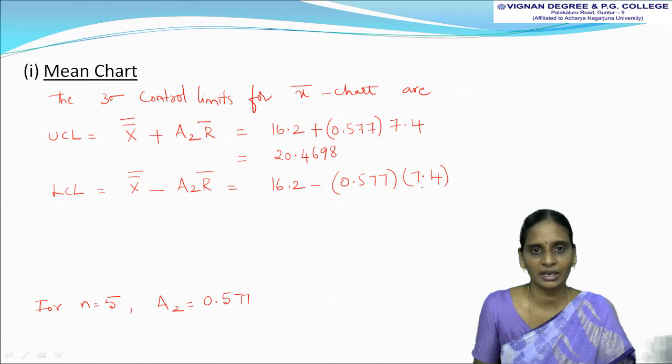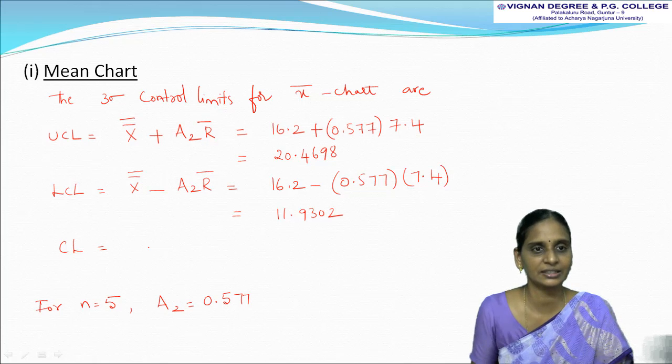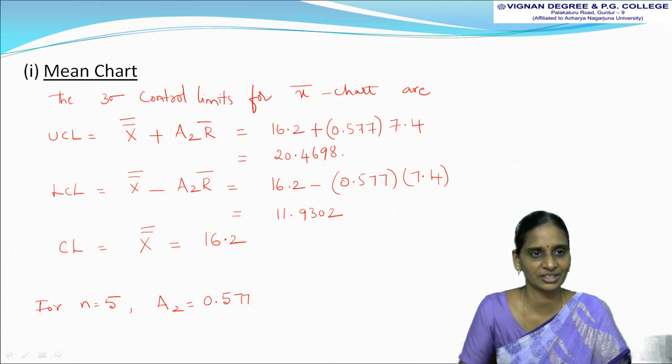By subtracting these two values, we get 11.9302. And this central line, that is CL, is equal to X double bar. This X double bar value is 16.2. So these are the control limits for mean chart. UCL is 20.4698, LCL is 11.9302, and CL value is 16.2.